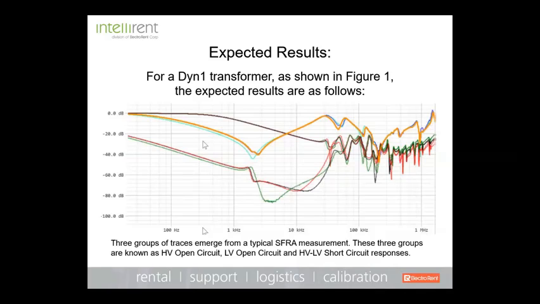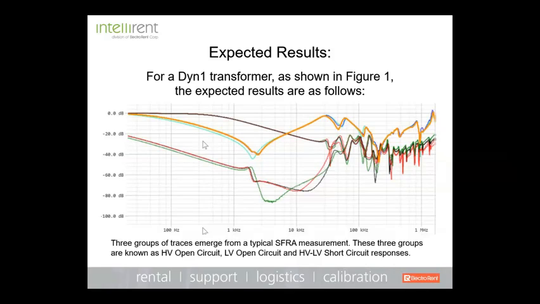So this is kind of an example of what these traces look like. And you have three groups of traces that typically come from a typical SFRA measurement. And the three groups are known as a high voltage open circuit, a low voltage open circuit, and high voltage to low voltage short circuit response.